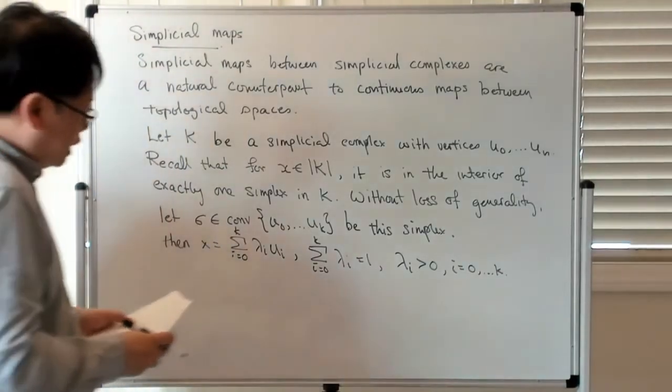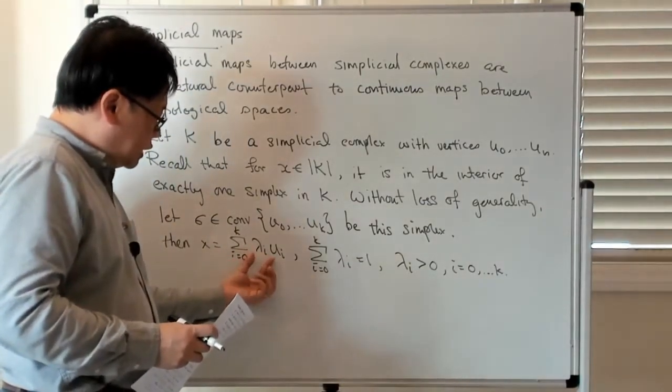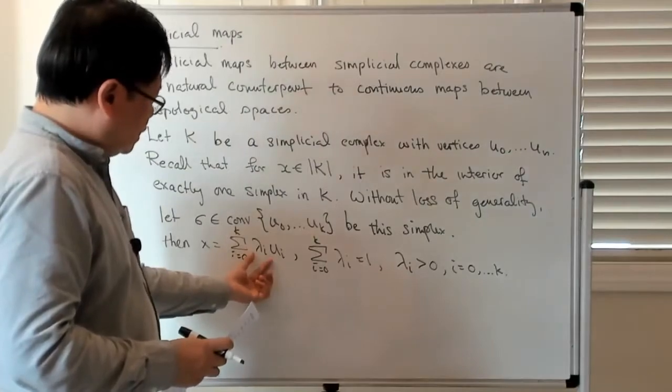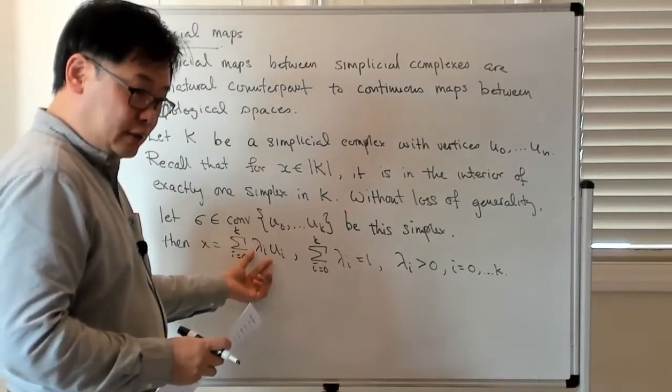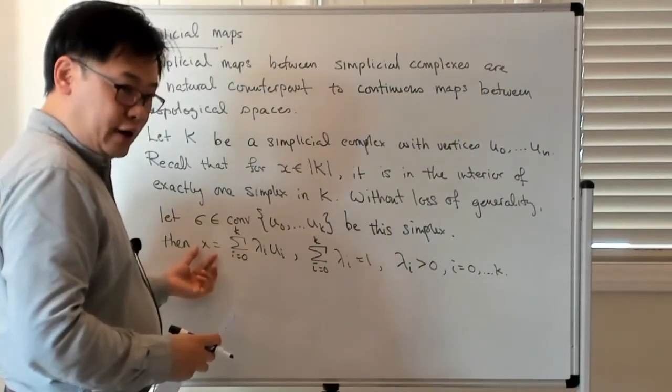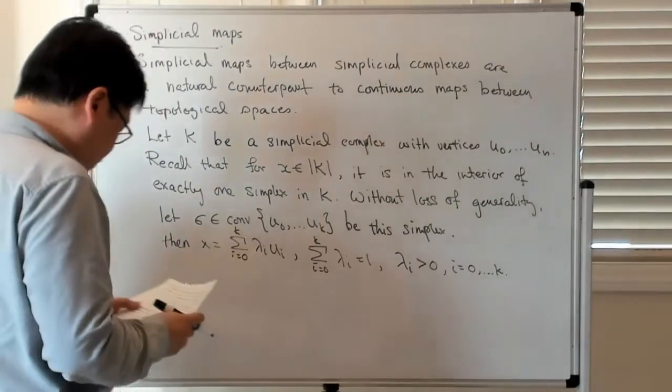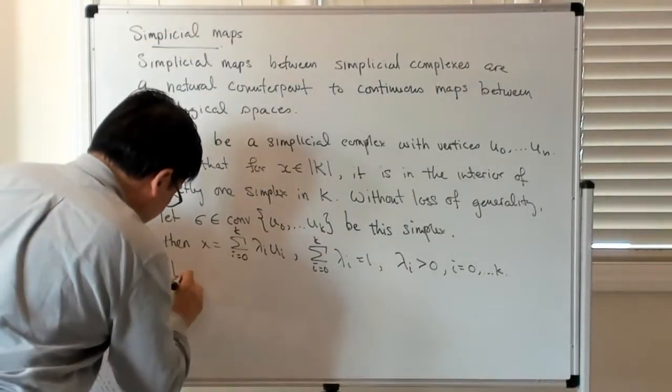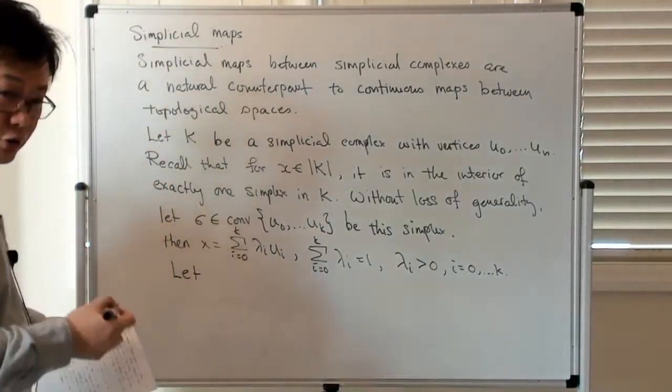What we're going to do now is think of these lambda i's, the coefficients of the expansion, as being associated with x itself. So we want to think of it as a function of x, if you will. So I introduce what are going to be called the barycentric coordinates.